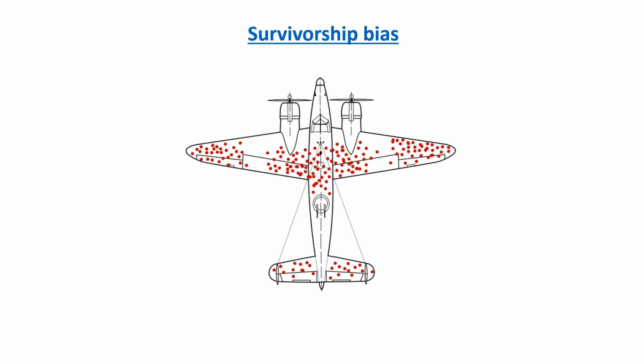Will you reinforce the regions where there are more red marks? If so, then there might be a potential flaw in logic, because if the flight was hit in any other region, it might be the case that the flight didn't return to the base at all. For example, there are no red marks near the front of the aeroplane where the pilot sits.